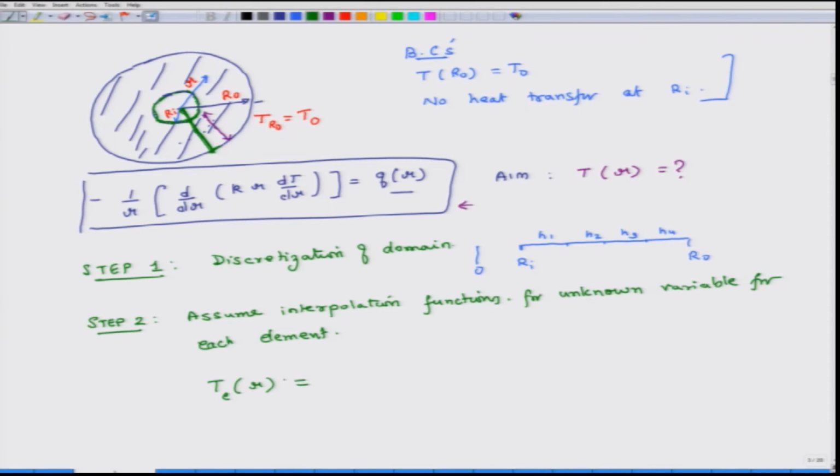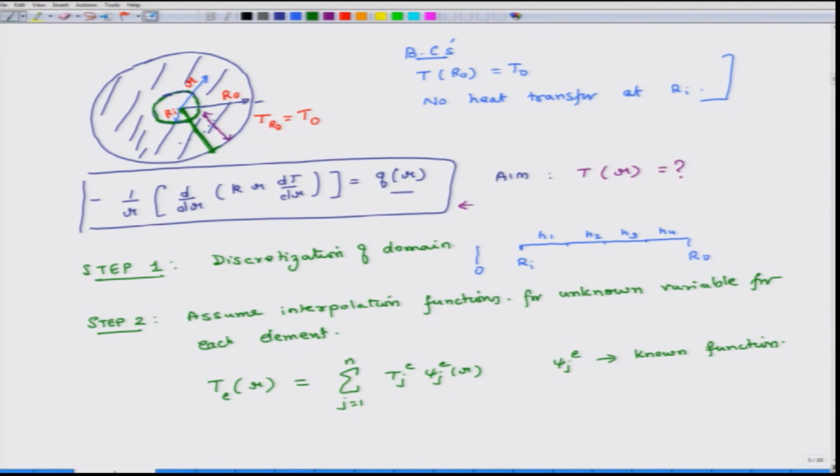So, Te is equal to, now I am assuming an interpolation function, Te equals the sum of Tj psi j of r, for the eth element, with j equal to 1 to n. Here psi j e is a known function.